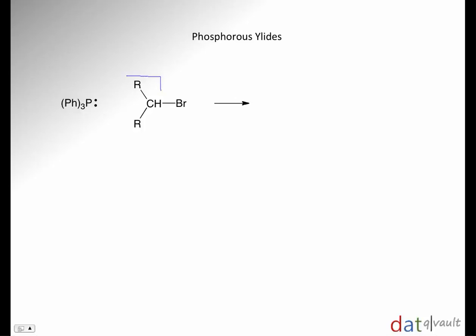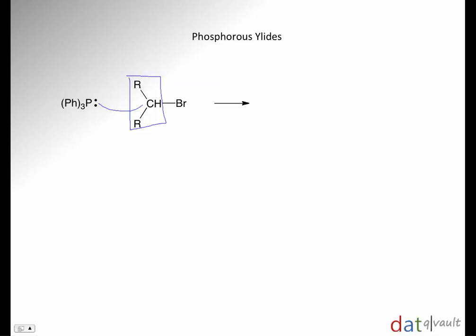It's important to note that the alkyl halide doesn't have to be exactly bromide, it could be iodide or chlorine as well, but this alkyl portion is going to be the portion that forms the other carbon-carbon bond of our Wittig reaction.